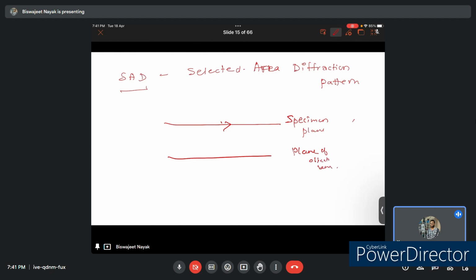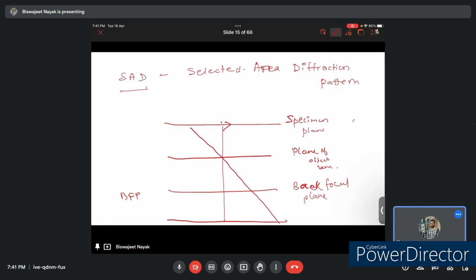This is the back focal plane of the objective lens. This is the image plane. So let's say this type of image is formed.